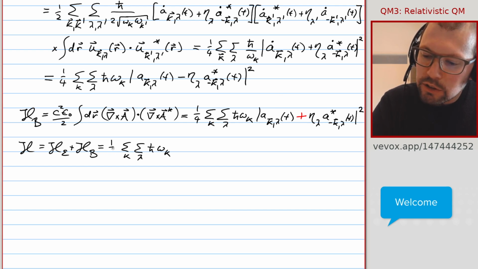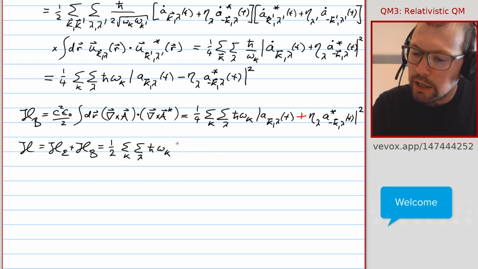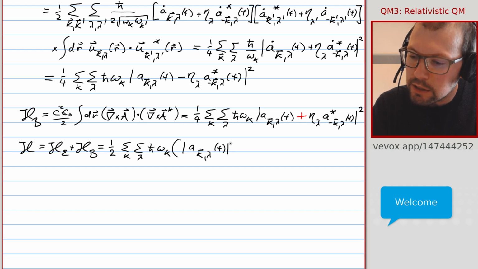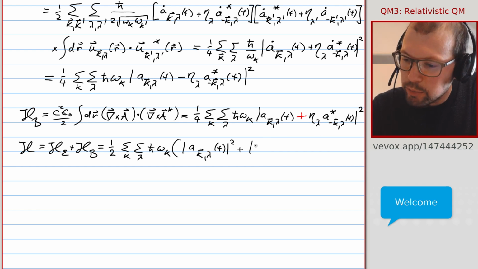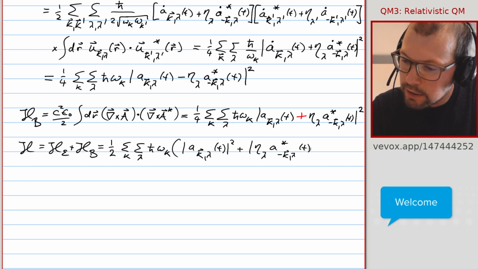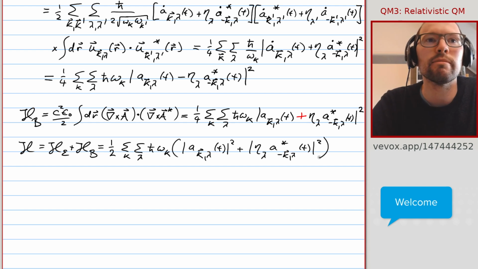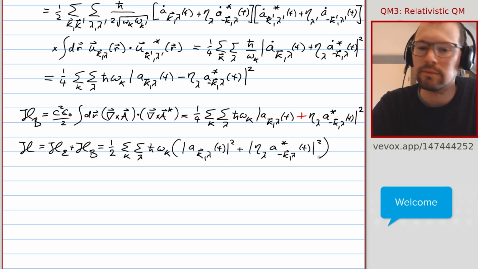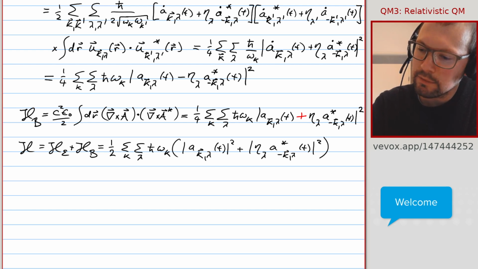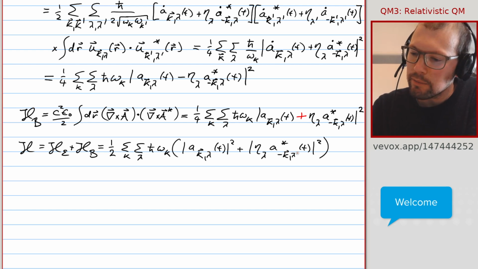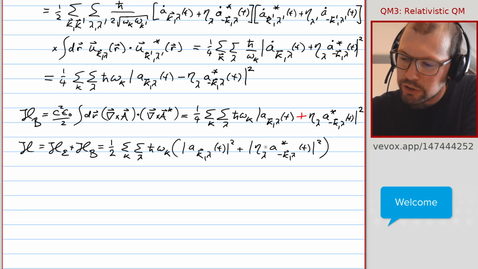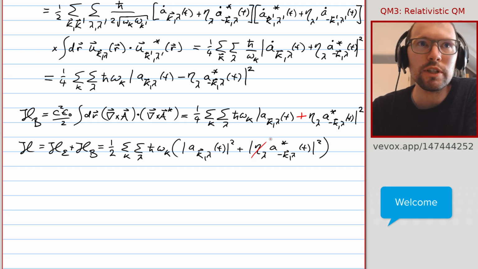So that turns this 1/4 into 1/2 absolute value of a k lambda t squared plus, well, okay, I can put an eta lambda here if you like. But okay, eta lambda, that was just plus or minus 1, so I can just drop that factor.